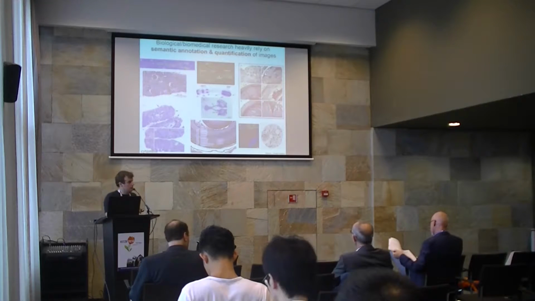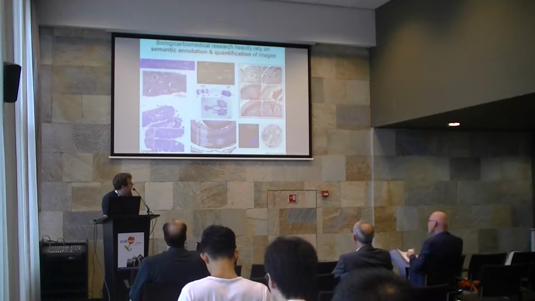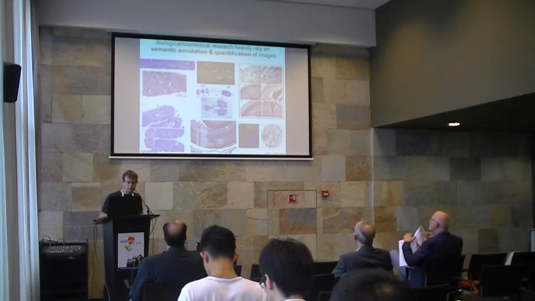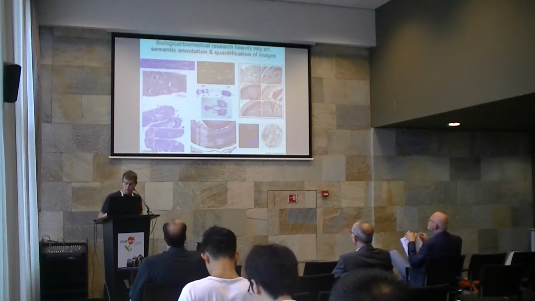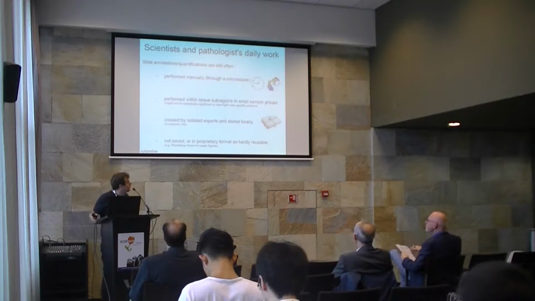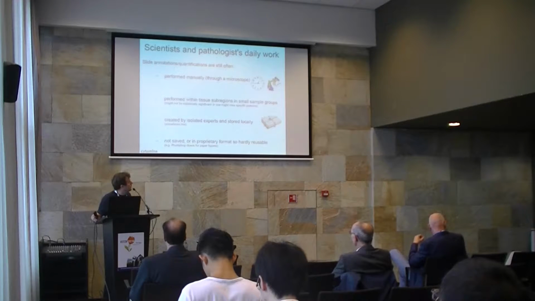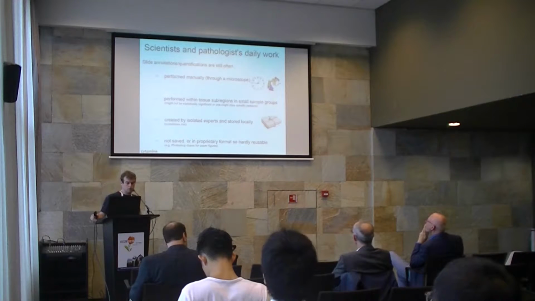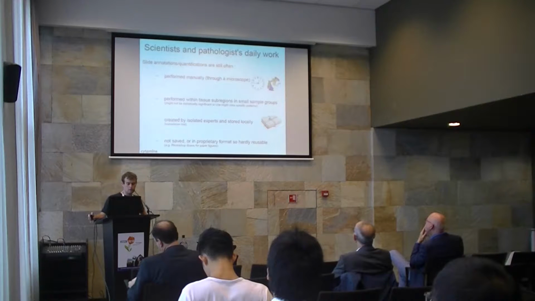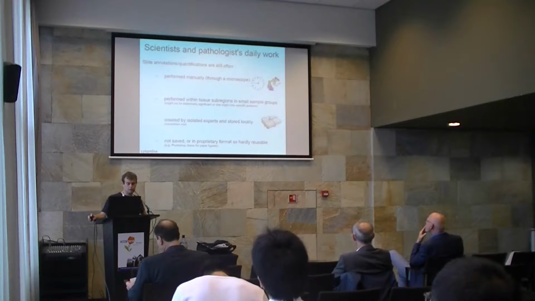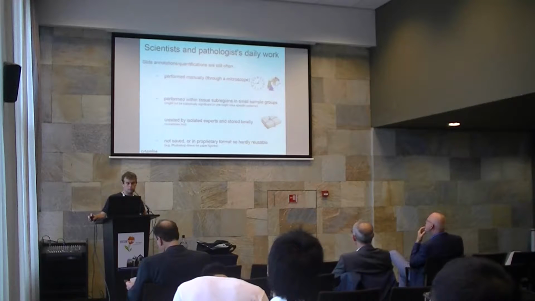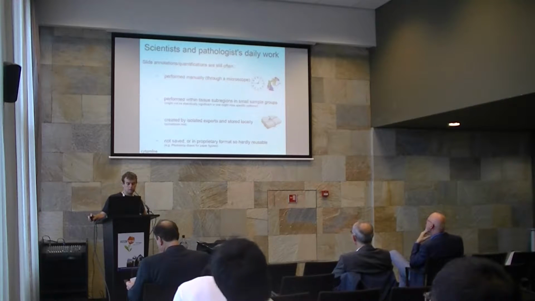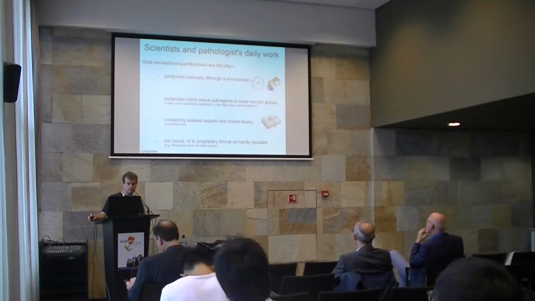They want to quantify different types of cells, they want to quantify the area, different types of measurement of their tissues, they want to count cells, etc. But we realized that this work is still quite often performed manually, so it takes a lot of time, and the fact that it's done manually also limits the number of images and the number of cases they can analyze. So their studies might sometimes be limited in terms of statistical power.